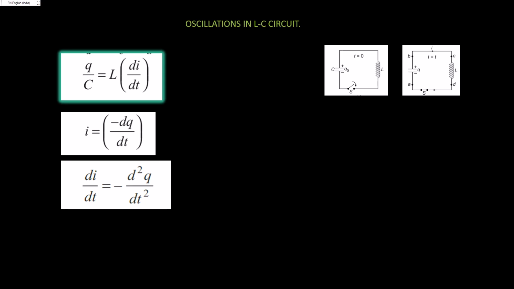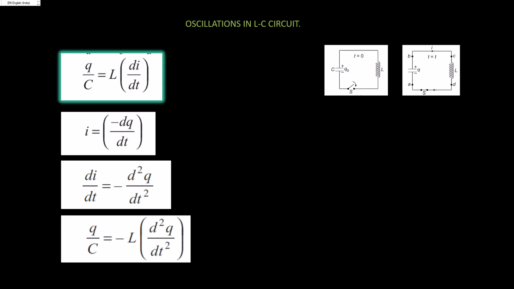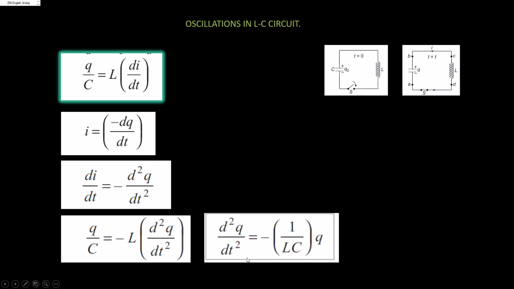Now the change of current di/dt equals minus d2q/dt2 and we rewrite the first equation as q by C equals minus L d2q/dt2, and rearranging, d2q/dt2 equals minus 1 by LC times q.